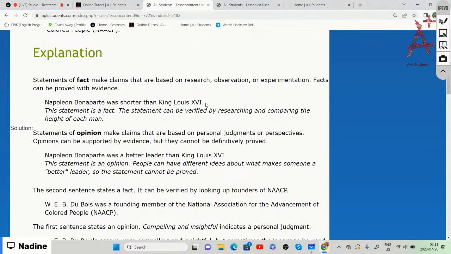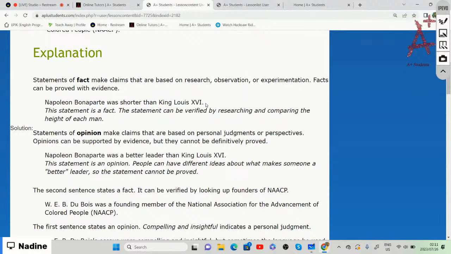Or experimentation, right? These are all things that need to be written down, or things that we can just go to the internet for, look for evidence, and then that will be the facts that prove it links with the evidence.